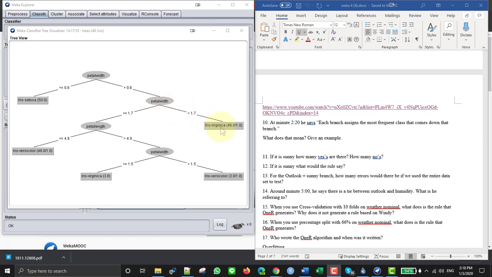And then it predicts Iris virginica, because the examples are the flowers that have petal width greater than 0.6 and greater than 1.7. From that set, most of them will be Iris virginica, and so it classifies them in general as Iris virginica.